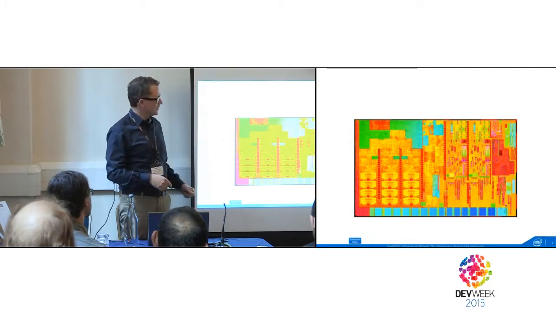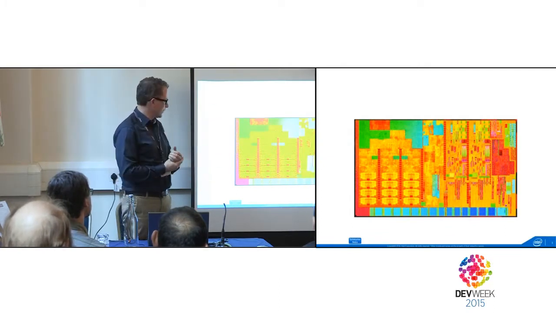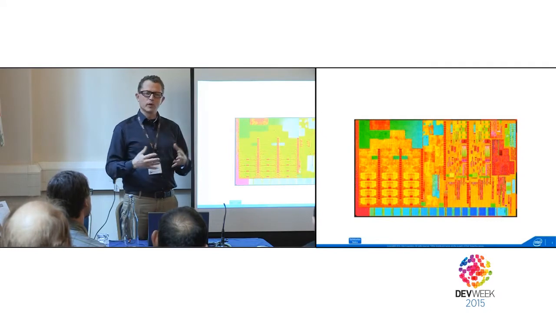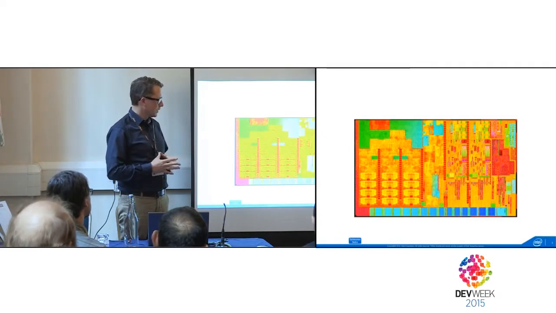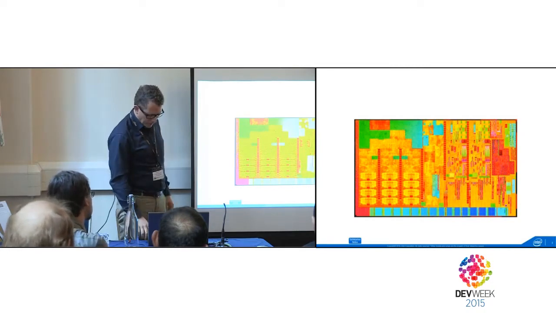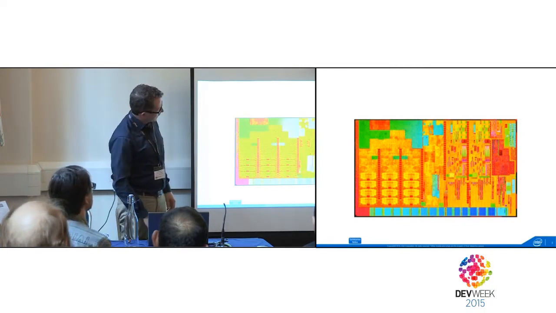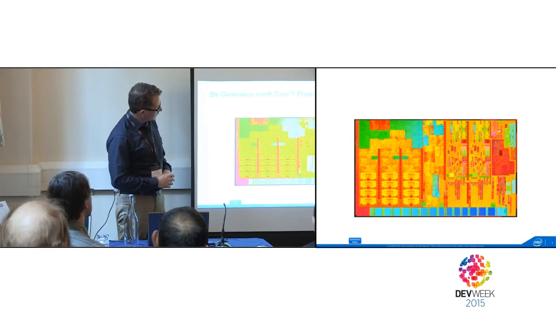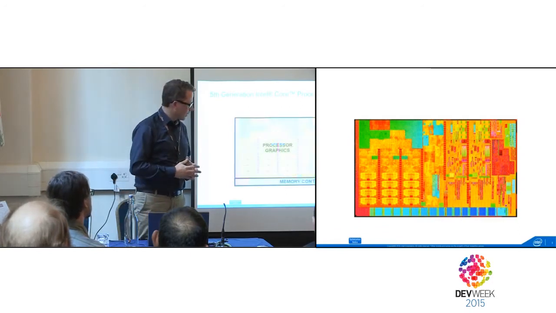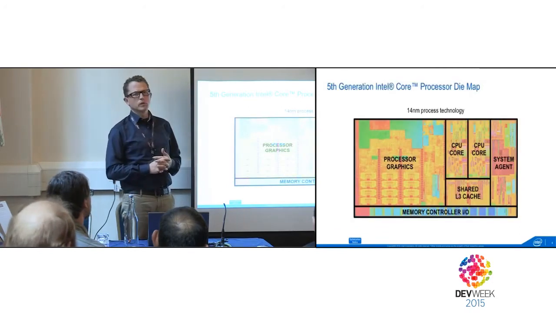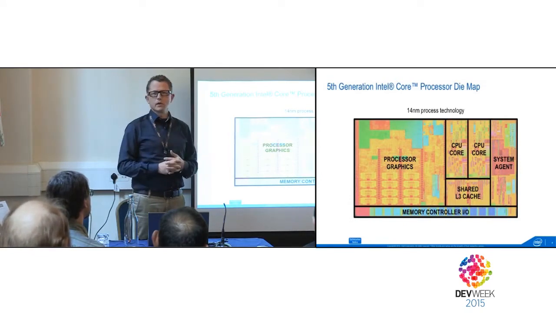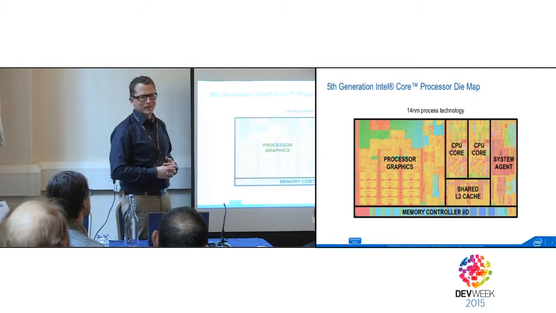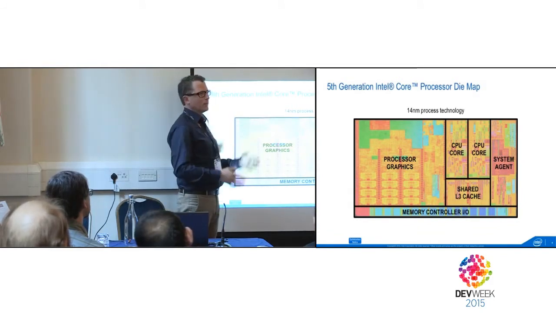So this is a processor, actually the current processor of Intel, the newest processor, 5th generation Core architecture, called Broadwell. And if you look at it, this is a starting point. If you look at it, it's not only a processor anymore. Most developers think the Intel processor is a processor, but it's not only a processor anymore.